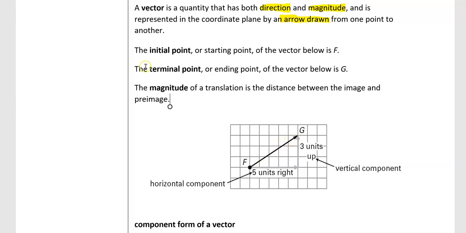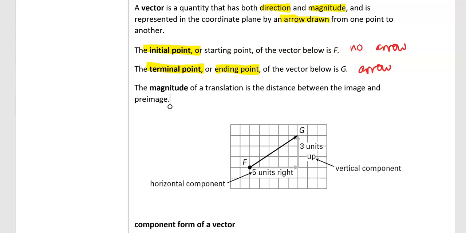So the initial point right here is the starting point of the vector, so it's point F. Notice there's no arrowhead. The terminal point, which is the same as ending point, is G. So it's the one with the arrowhead. So I'm going to put here arrow and then no arrow.